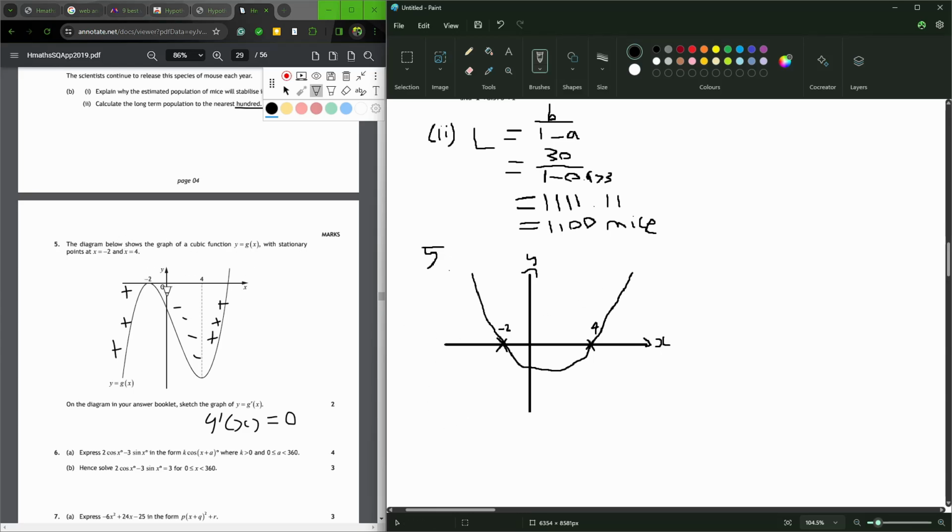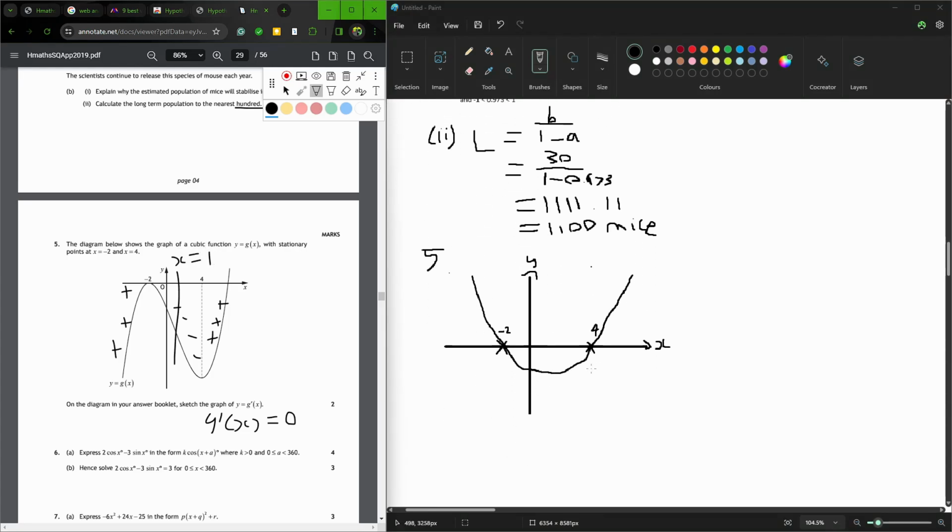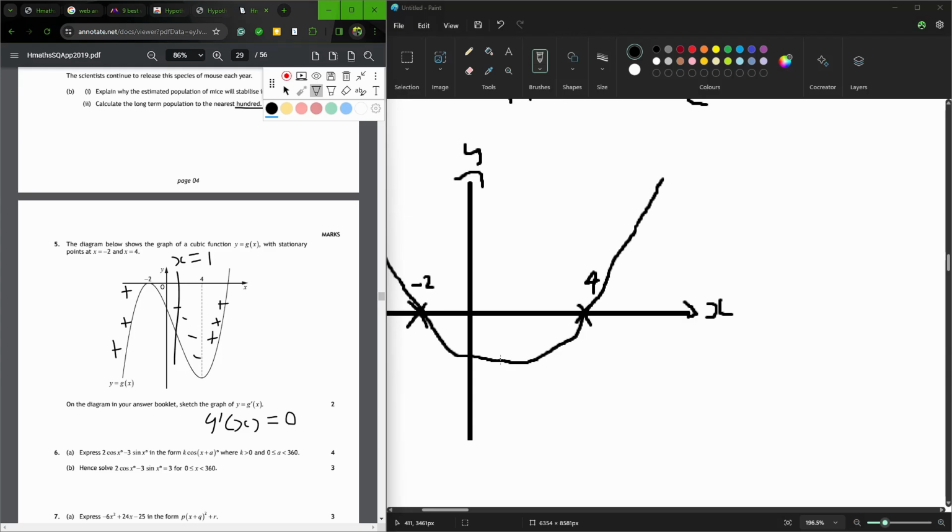Now, this is the equation. I don't think you have to do it from the diagram, you just have to be passable. But if we average out these numbers, minus 2 plus 4 is 2, divided by 2, so the middle of this will be at x equals 1. It's probably best to mark it on your graph.